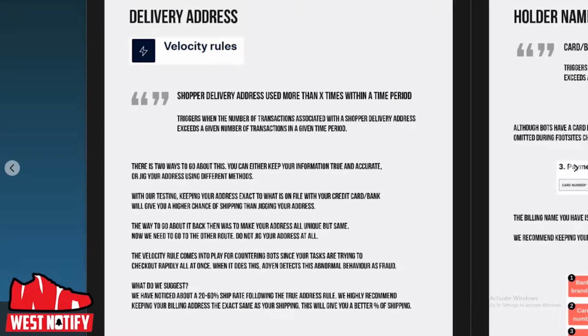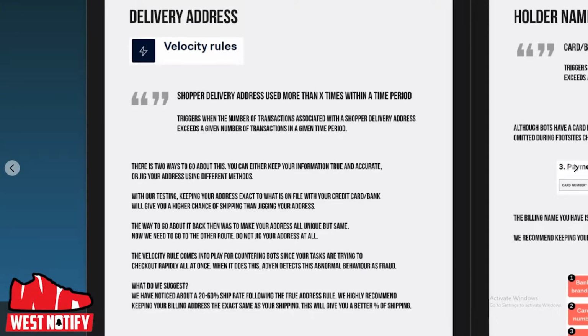So what you want to do when you look at this rule is be sort of jigging it a little bit, even though a lot of the times we tell you guys to keep it the same as UPS.